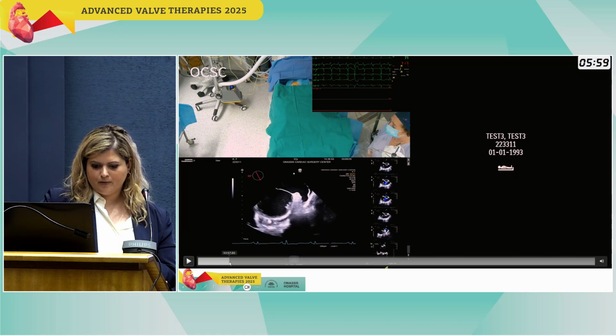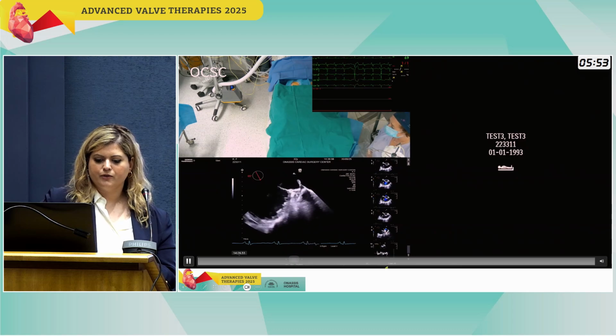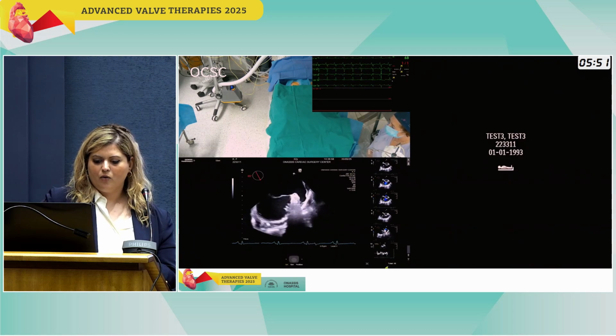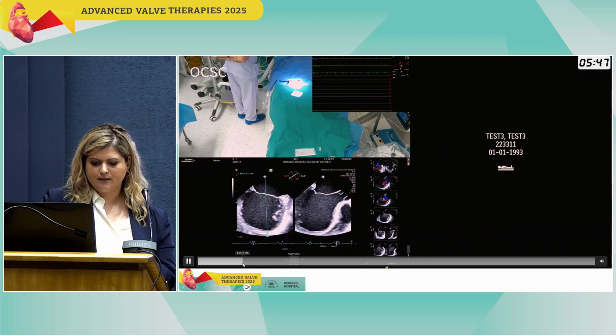At the start, although we have the screening TOE, we perform a screening TOE on the table in order to see again the leaflets and the jets, the optimal views.